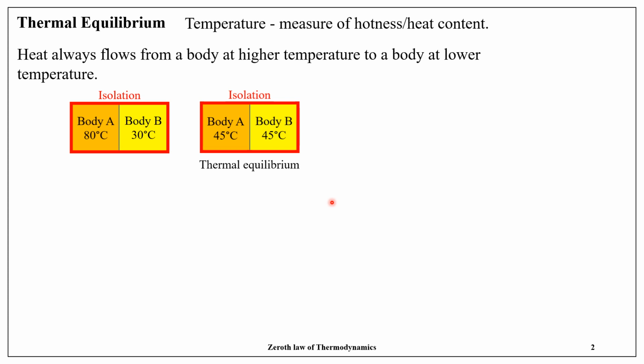Now, what is this thermal equilibrium? It is the condition at which there is no heat transfer. At thermal equilibrium, there is no heat transfer from body A to body B or vice versa.